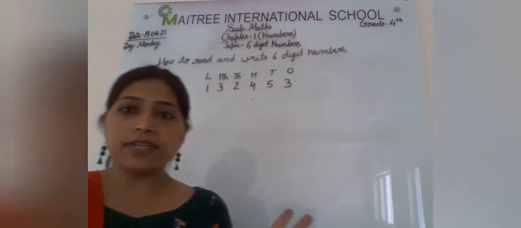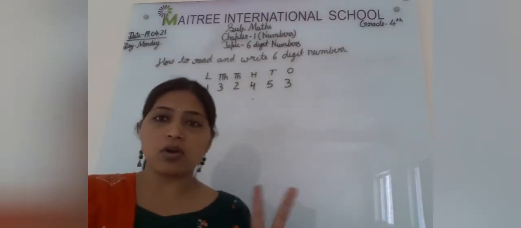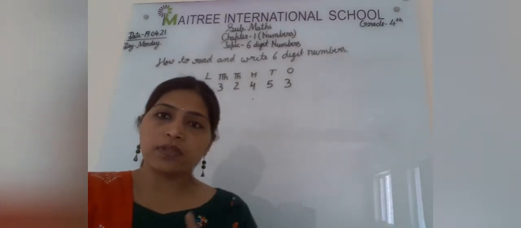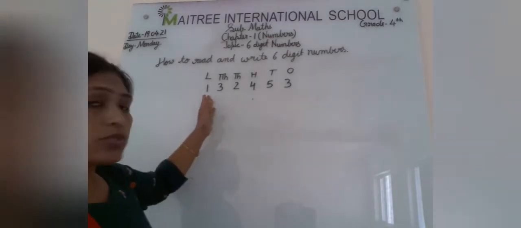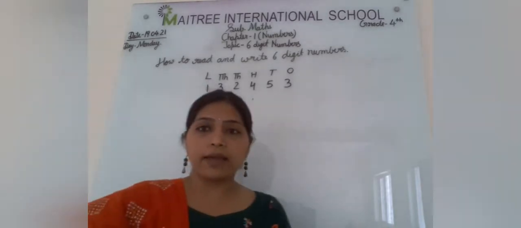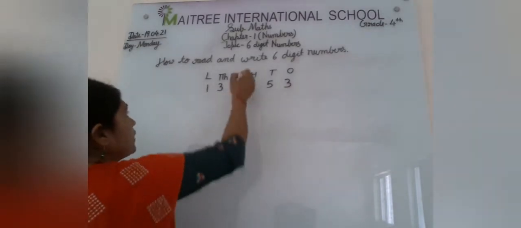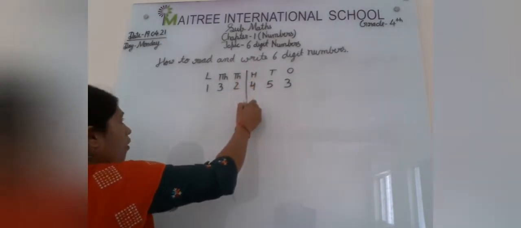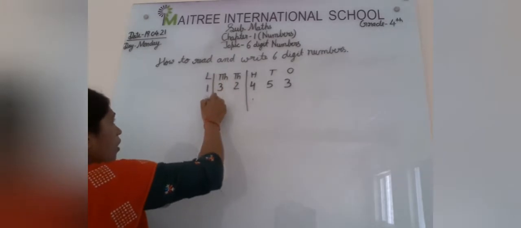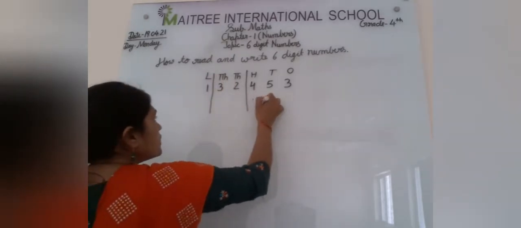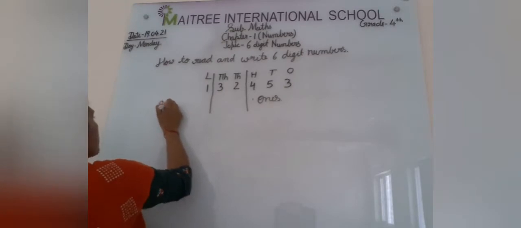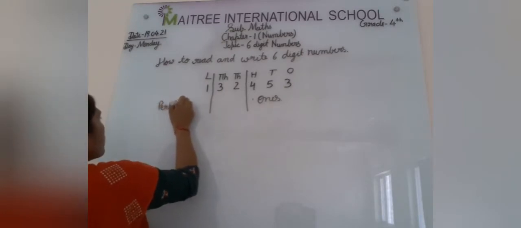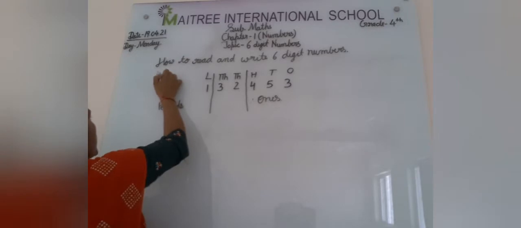In a 5-digit number we have 2 periods, only ones and thousands. But here I am introducing one new period, the lakh period. This is the ones period, and these are places.